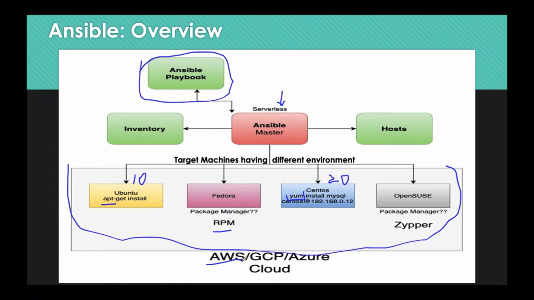Let's say in the AWS based cloud, you have 10 machines, and you want to store the information of these 10 machines in one different inventory file, or you can say one different host file. So this host file is by default created on your Ansible master machine, but you can customize your host information by creating another host file according to your needs. You can create your own inventory file as well.